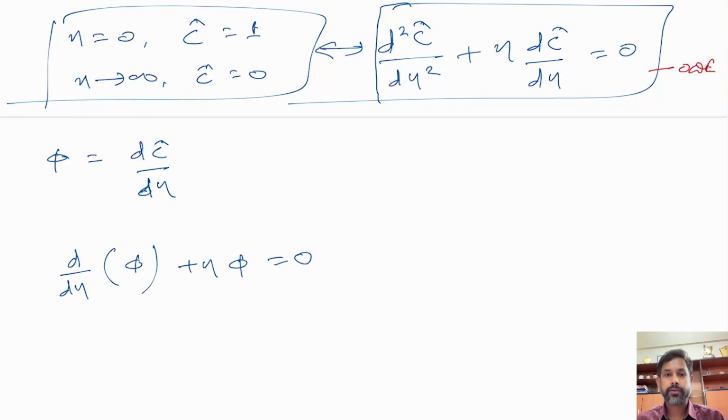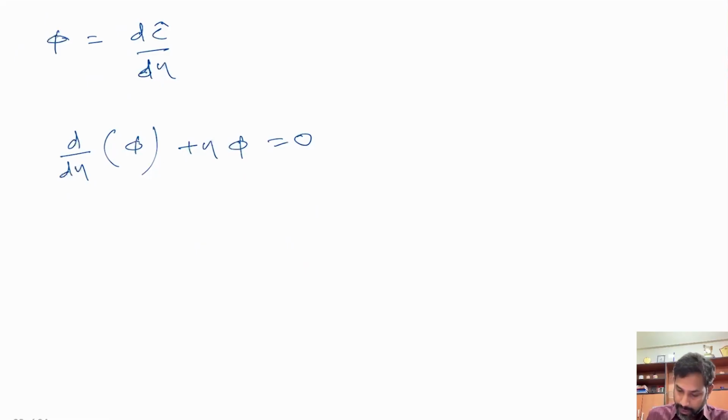We have simply replaced dC by d eta with phi. Simplifying further, d phi over phi will be equal to minus eta d eta.